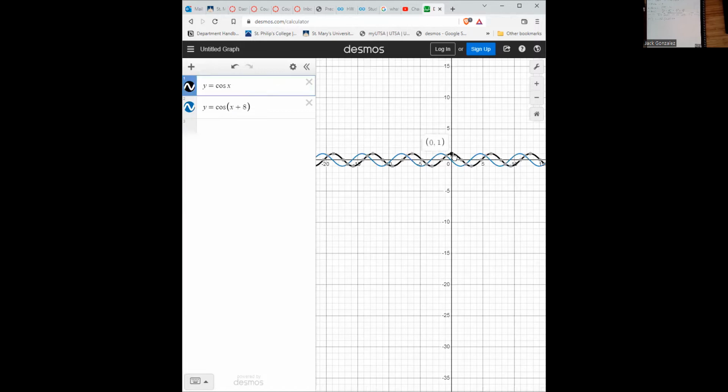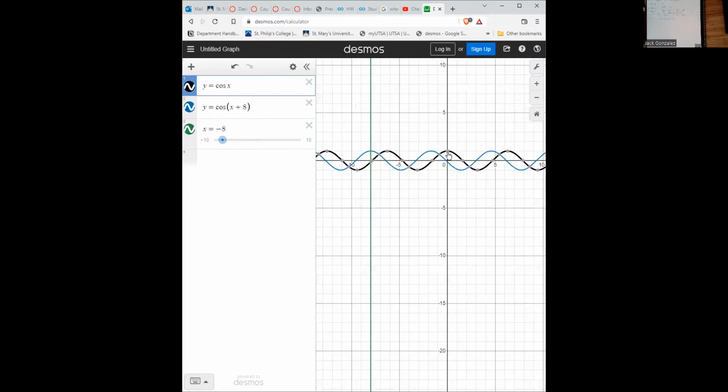Let's do a vertical line at -8 so you can see it. Okay. So this point has now been moved to here. So this is what the shift does, plus 8.